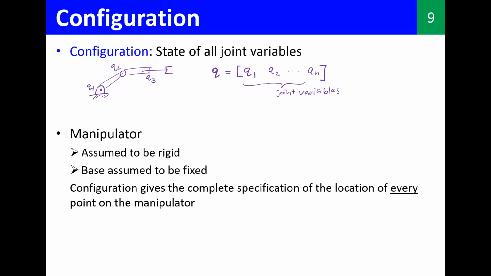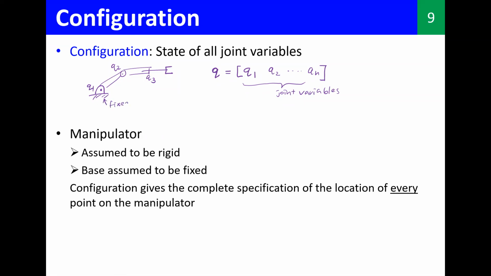So only using these joints, we can have different configurations. Other than that, we assume the links are rigid. And the next assumption that I already told you is that the base is fixed.